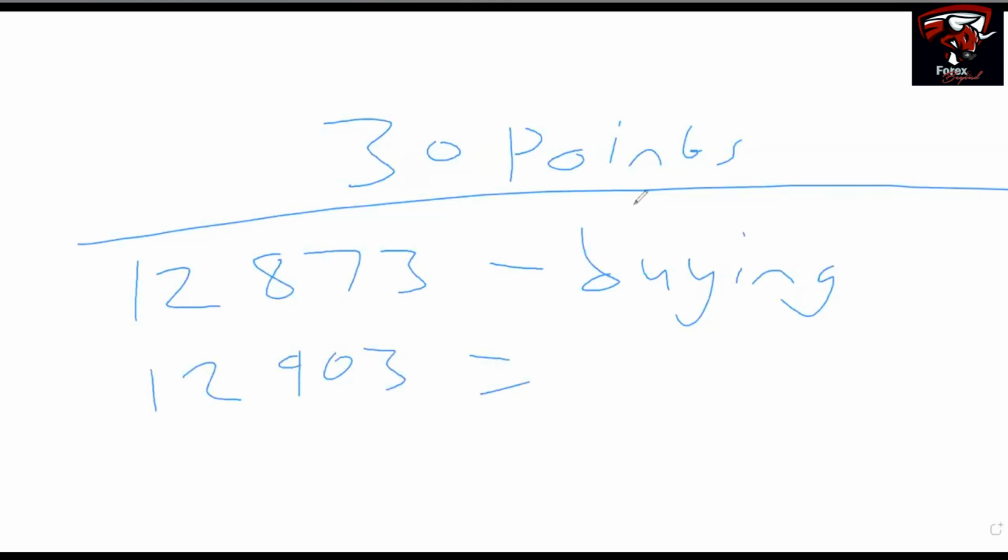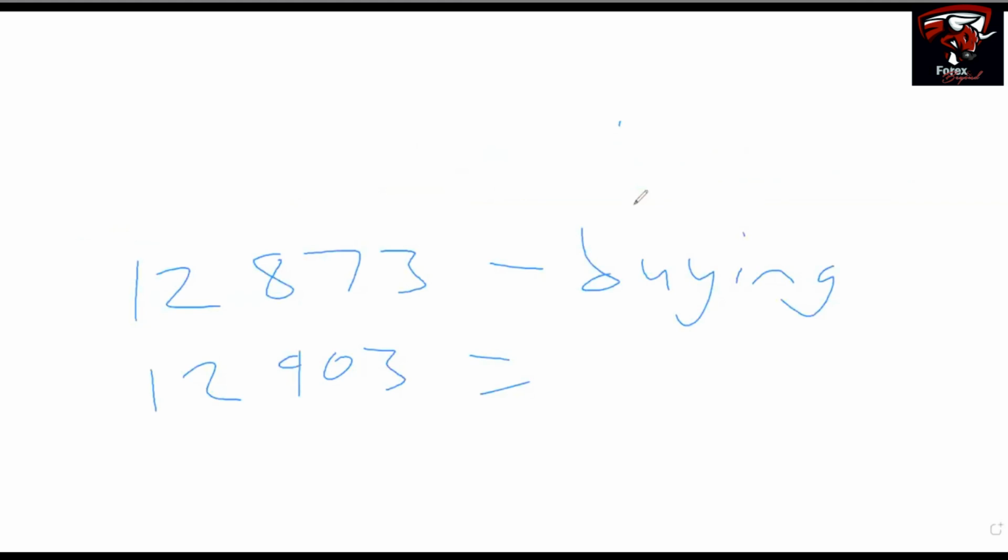Therefore, when the market reaches 12,903, I'm going out. So ideally, the default take profit for Nasdaq signals is 30 points. That is the default one that I use personally. You will just see what works for you.